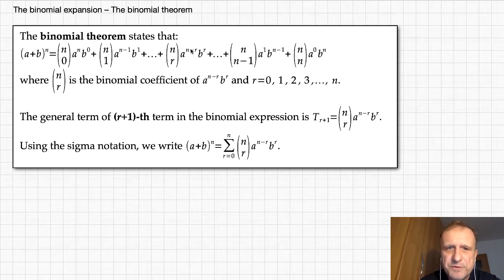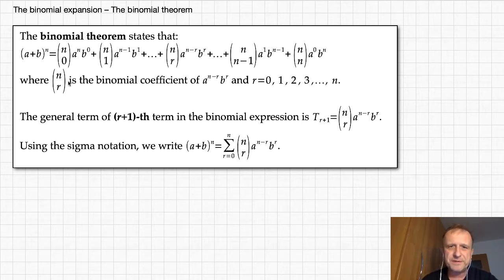So the sum of these powers has to be always the same as the power here. The coefficients of each of those terms are the combinatorial numbers, or what we call binomial coefficients. According to the first video of this module, these should be the numbers in the nth row of Pascal's triangle.